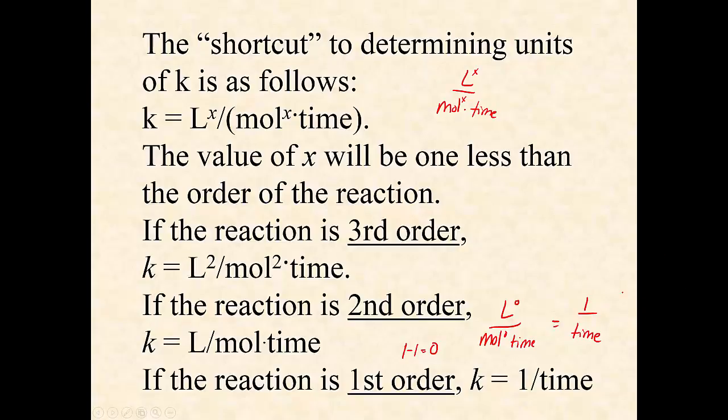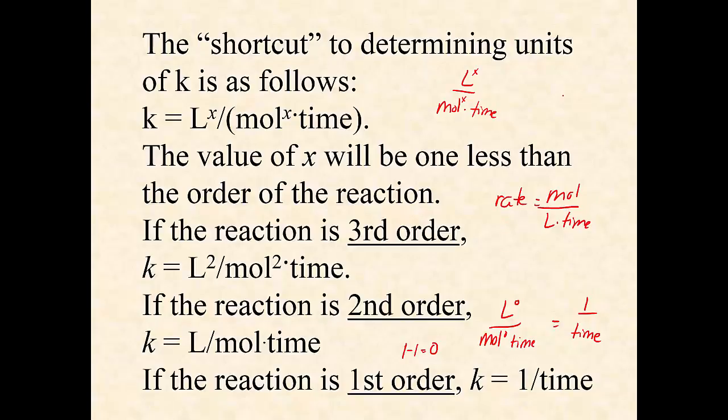Okay, remember the whole reason for this K, it's being multiplied, it has to equal rate, which is molarity, moles per liter per time. So that's why your units of K have to cancel out enough of the concentrations to leave you with this rate.